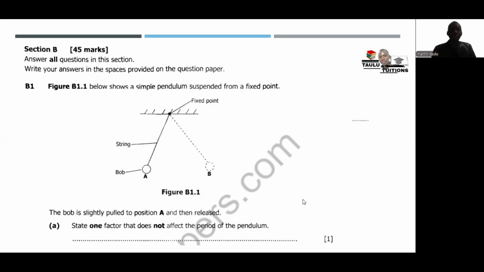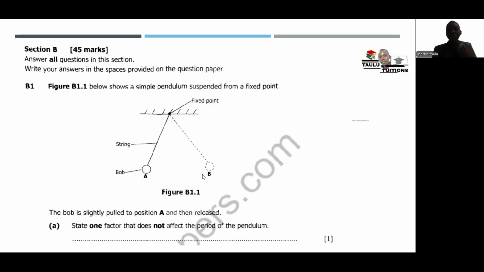Okay, so period of a pendulum is affected by a number of things. Period of a pendulum, by definition, is the time taken for one complete oscillation. So the period of a pendulum is mostly affected by the length of the string.